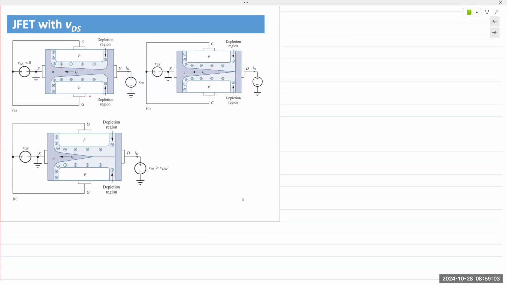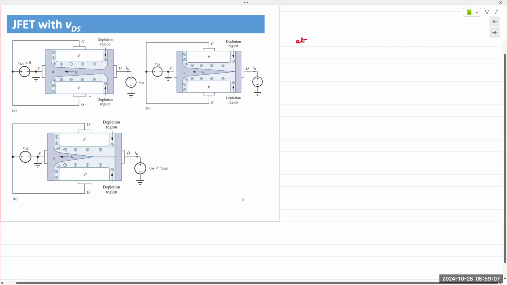That is at VGS equal to 0. So at VGS equal to 0, if we apply VDS, then we have current flow because we have movement of electrons.